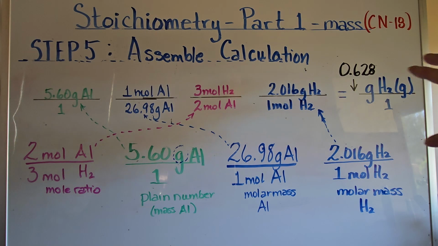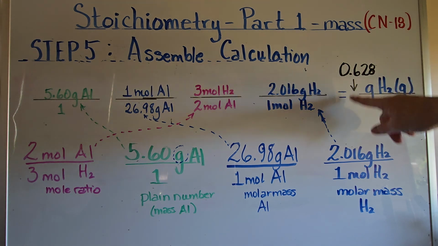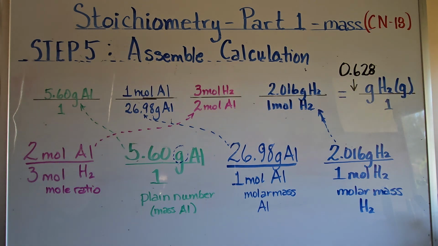We must get all our units and label to cancel out so that the units and label on the right side are the same as the units and label on the left-hand side once all the cancellation has been done. So I've gone ahead and put my units and label of my answer on that far right side. I want to start with the unit factor that looks most like my answer.